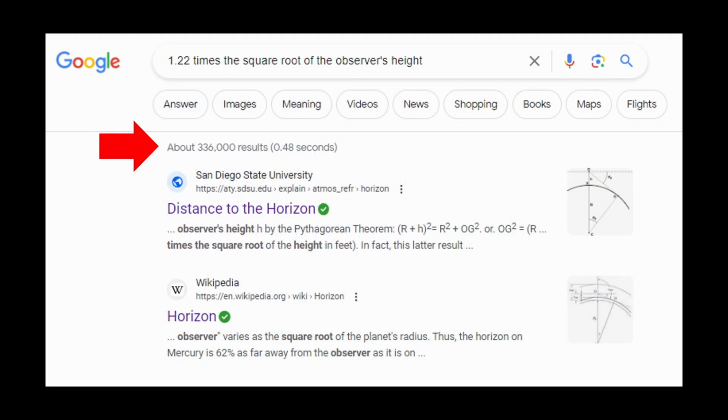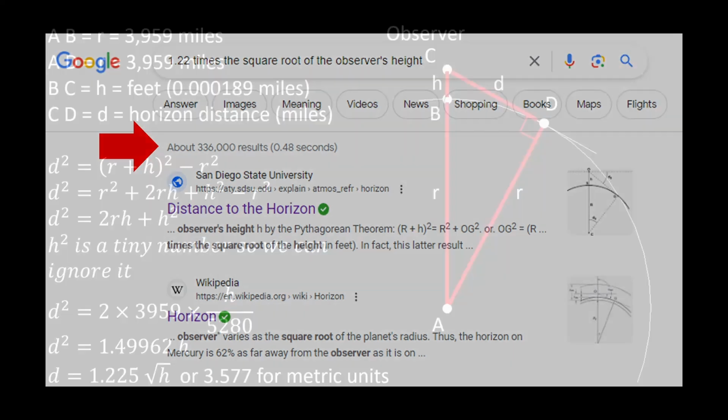Well, since you guys couldn't be bothered to type 1.22 times the square root of the observer's height in the Google search bar, I did it for you. Google comes up with 336,000 results in about a half a second. So it's not like this is exactly hard to find. But let's go through it.